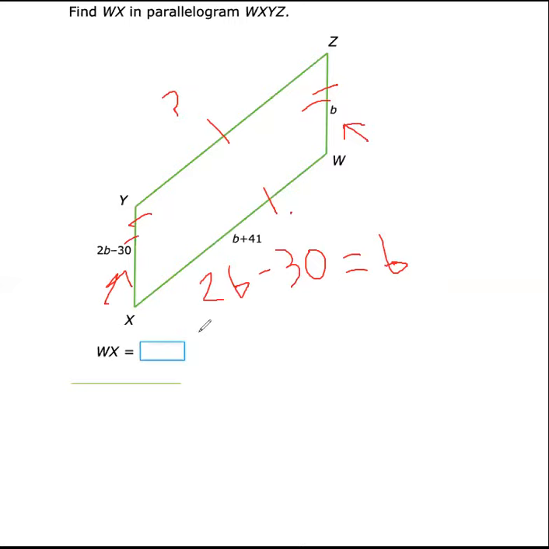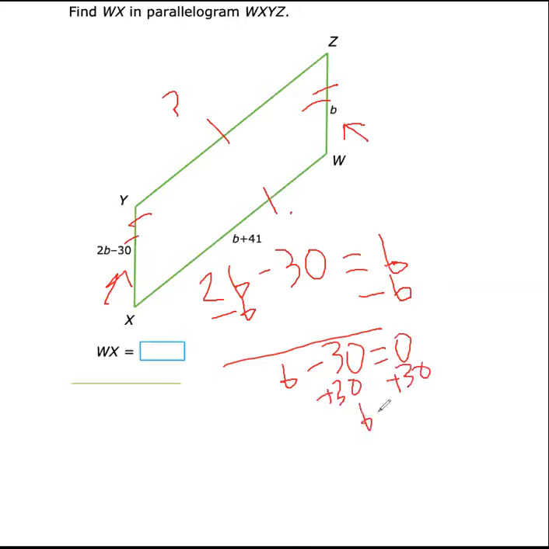So here I'm just going to solve for b. I'm going to subtract b from both sides, and that gives me b minus 30 equals 0. Add 30 to both sides, and b is equal to 30, excuse me.